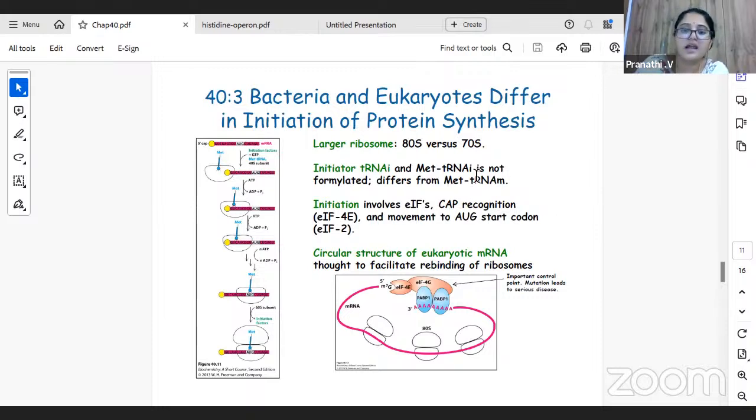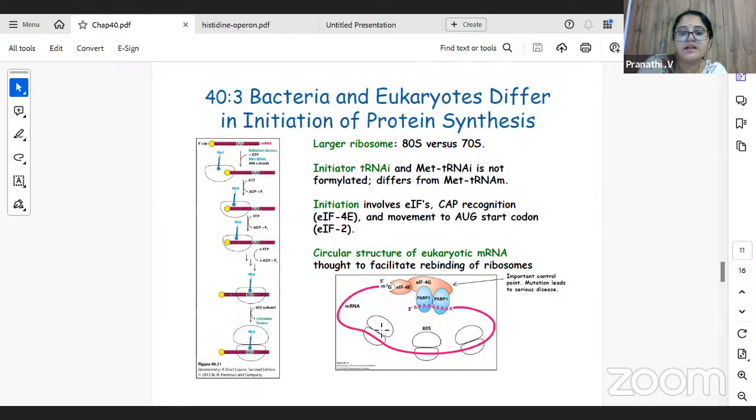So fMet and Met tRNA, and it's a larger ribosome in the case of eukaryotes, smaller ribosome in the case of prokaryotes. Initiation involves initiation factors and a cap recognition factor, that is eIF4E, and movement to the start codon AUG is through eIF2.